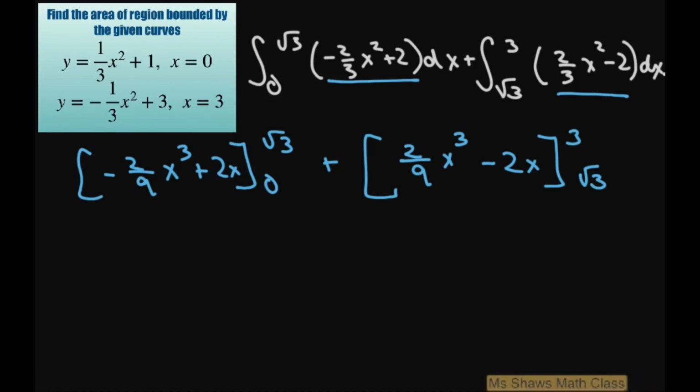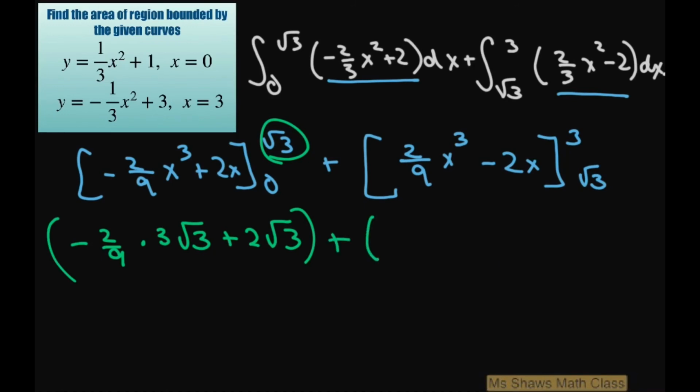All right, now let's substitute in our square root of 3. That's going to be negative 2/9 times 3 square root of 3 plus 2 square root of 3. That's that piece.